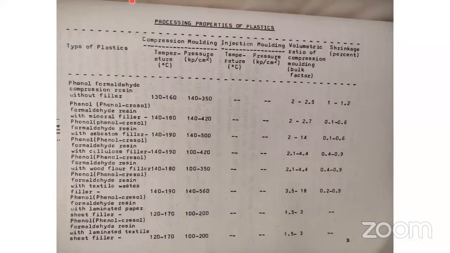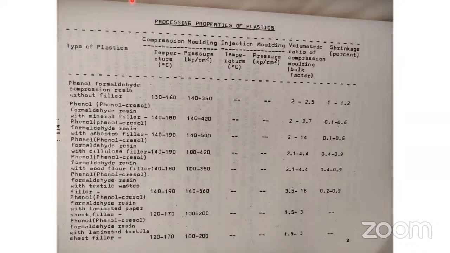The third thing is that it reduces the shrinkage. If you add the filler in the plastics, then after creating the article, the dimensions keep changing. Suppose initially in the mold, the length of the article may be 5.5 centimeter.